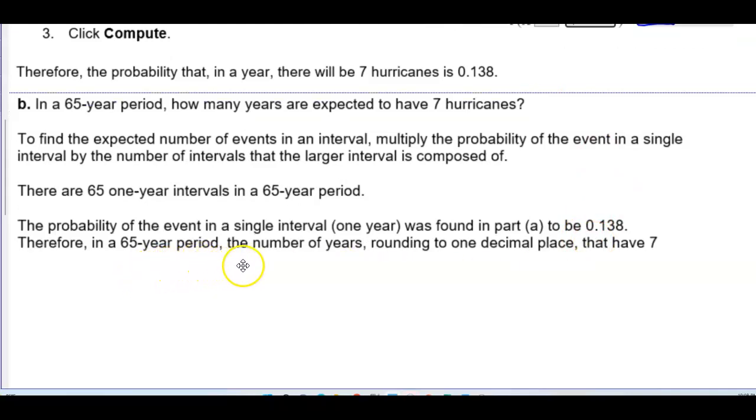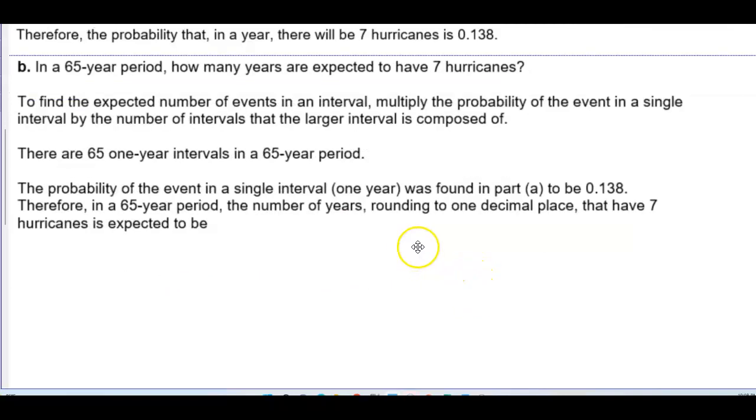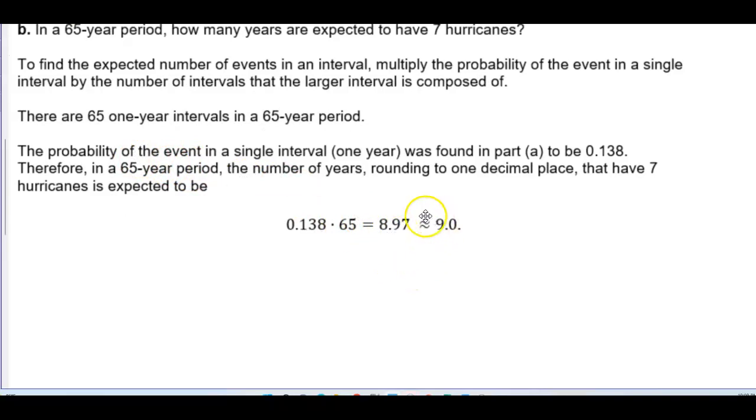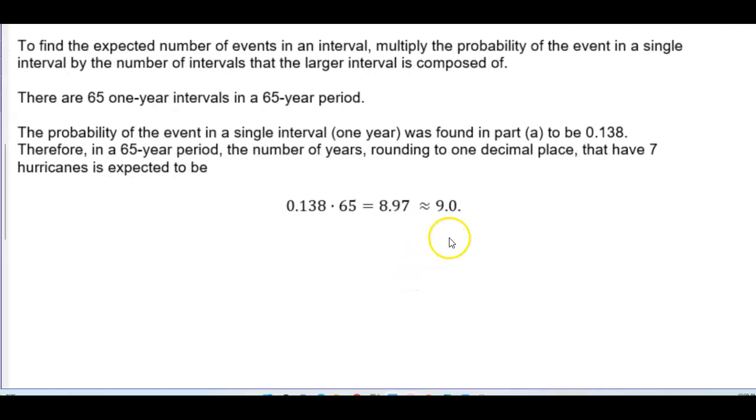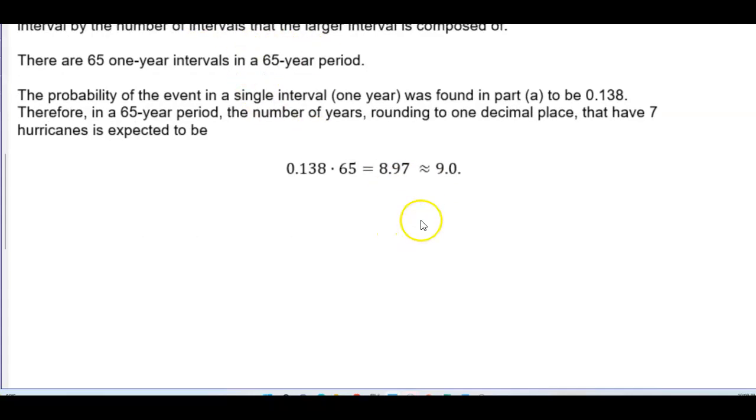Therefore, in a 65-year period, the number of years, rounding to 1 decimal place, that have 7 hurricanes is expected to be the following. We're going to take 0.138, which is the probability that was found in part A, multiply it by 65, and we get 8.97. And then we're going to round that to 1 decimal place, and therefore we get 9.0. So therefore, 9.0 is the expected number of events in the interval.